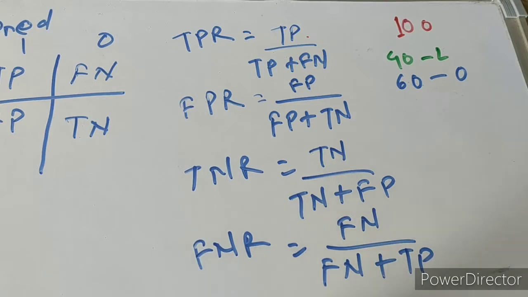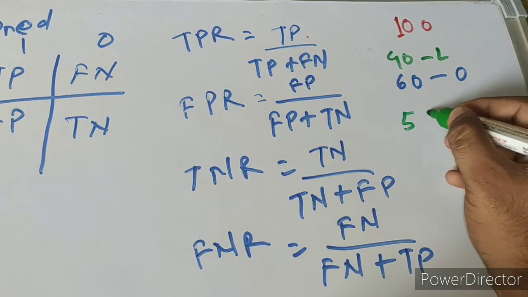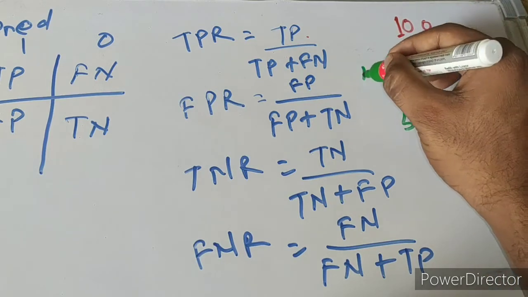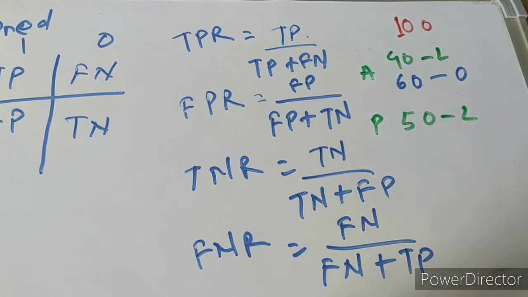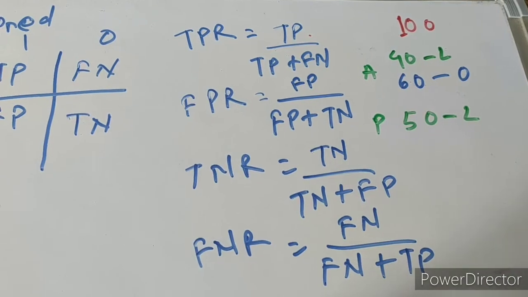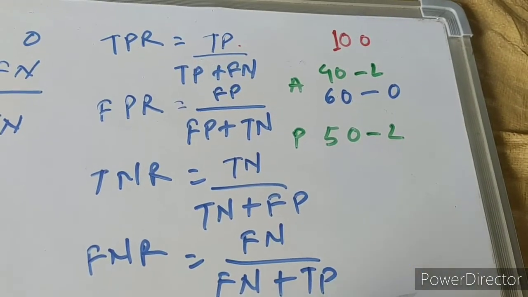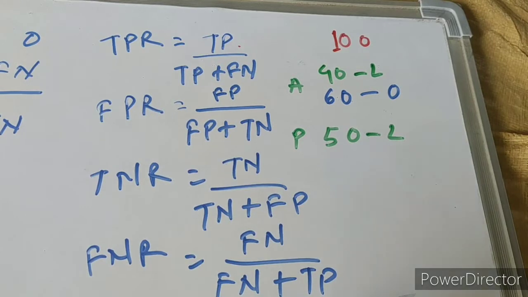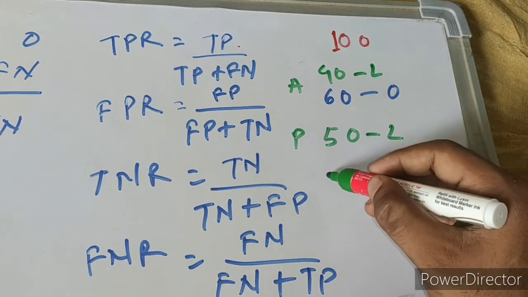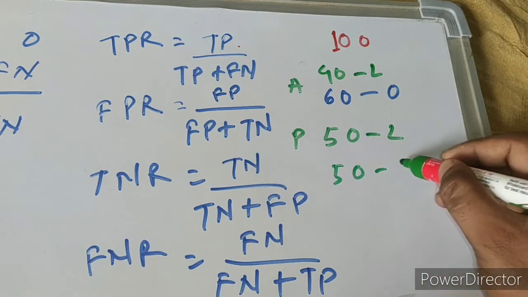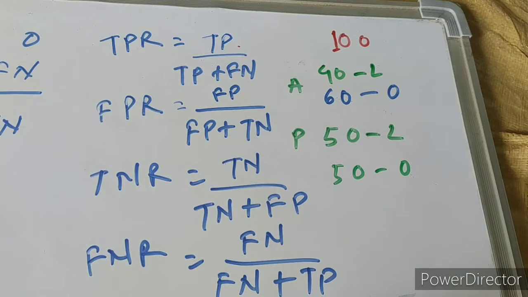When we are considering lemon, we find there are 50 lemons. This is the actual value. This is the predicted value. So when we are considering these 50 lemons and 50 oranges, it means there are some values which are incorrectly classified.